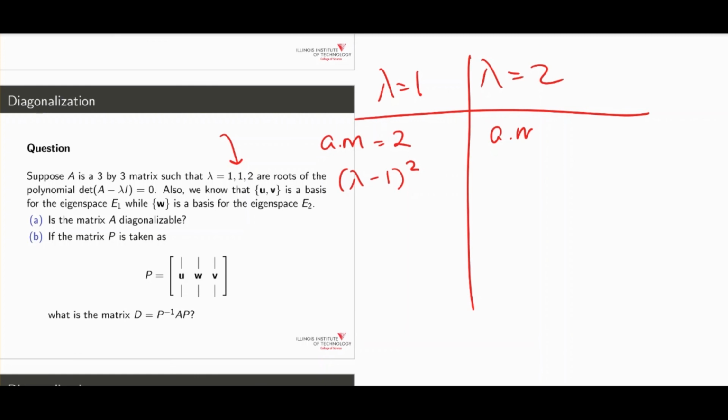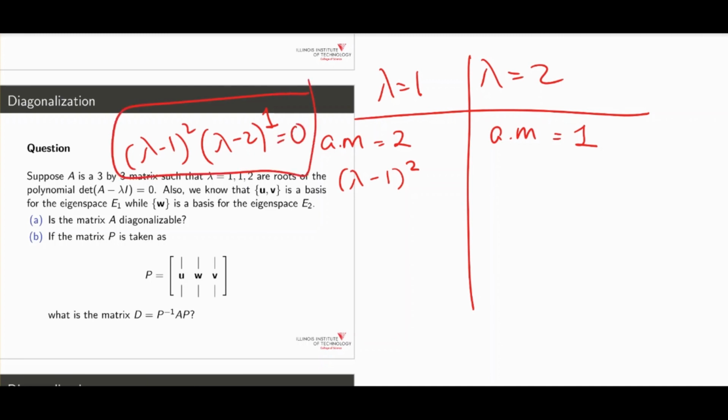The algebraic multiplicity for lambda equals 2 is 1 because it appears only one time. In factor form, this has a factor 1 and this has a factor 2. Your characteristic polynomial looks like this. So is the matrix diagonalizable or not?